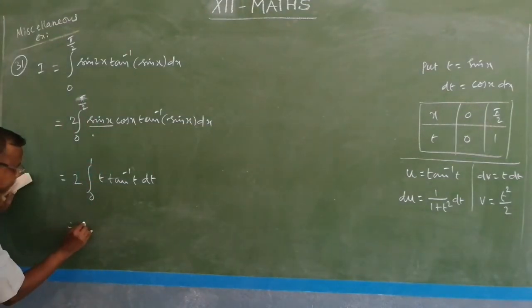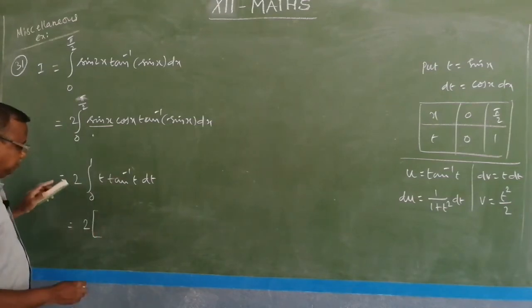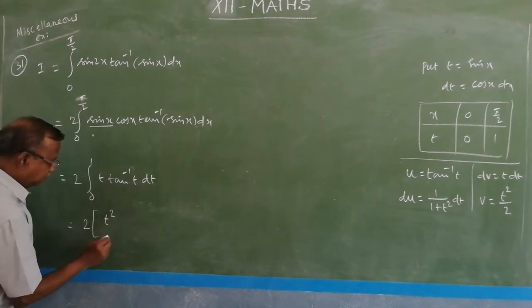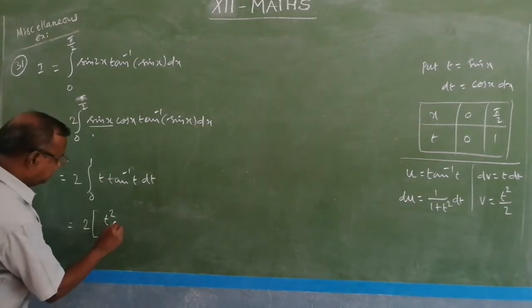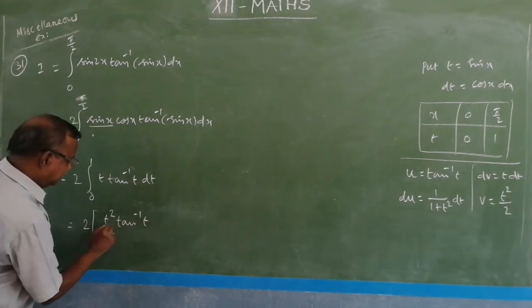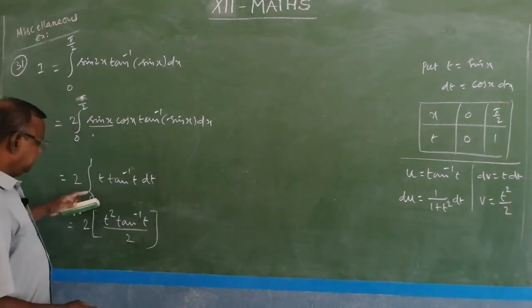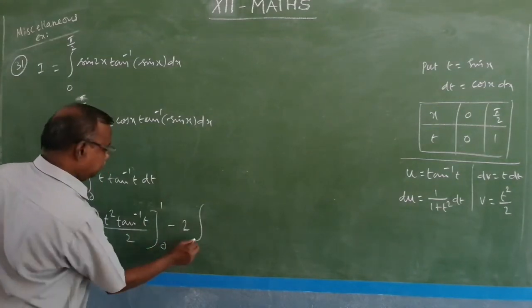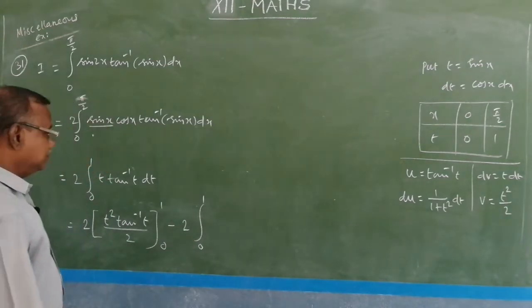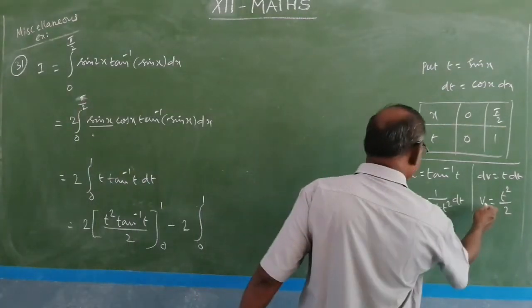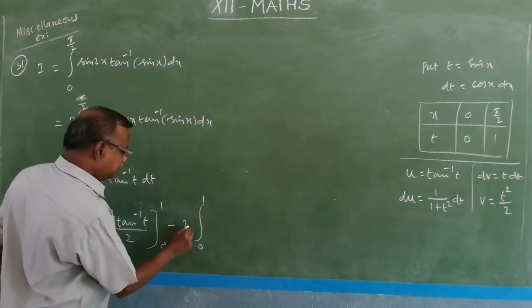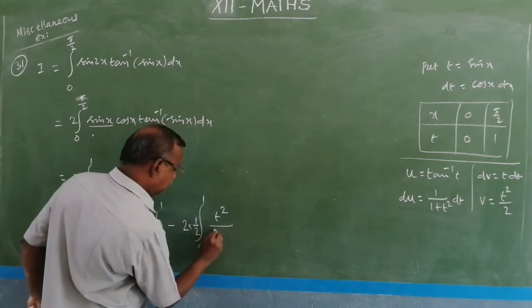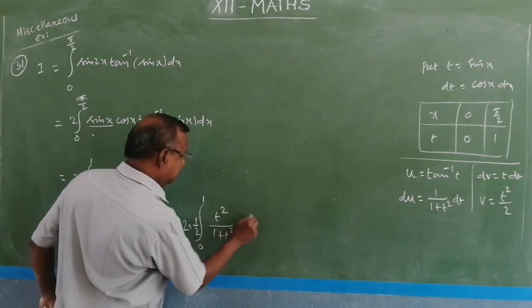Substituting, this is equal to 2 into uv, that is t square into tan inverse of t divided by 2, from 0 to 1, minus 2 into the integral from 0 to 1 of v du. v du means t square by 2 into 1 by 1 plus t square into dt.